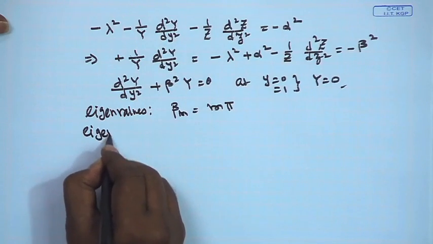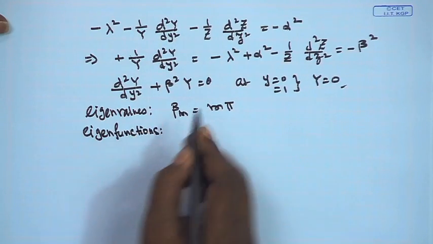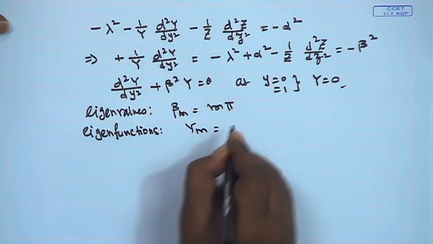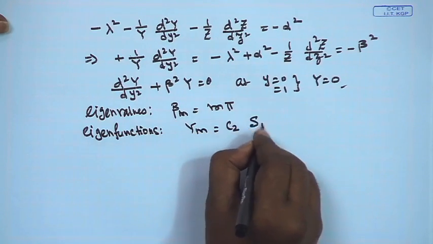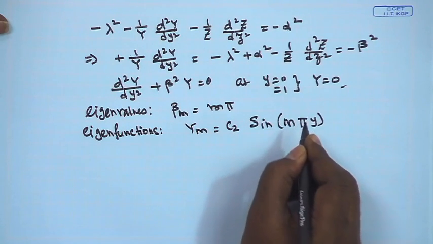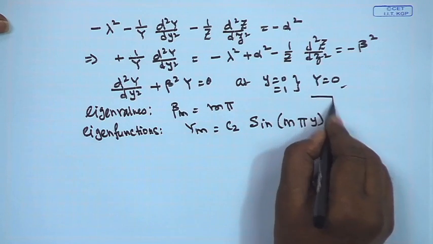Therefore, we will be writing 3 subscripts corresponding to the 3 directions x, y and z. The corresponding eigenfunctions are sine functions, so y m is equal to C2 sin m pi y.